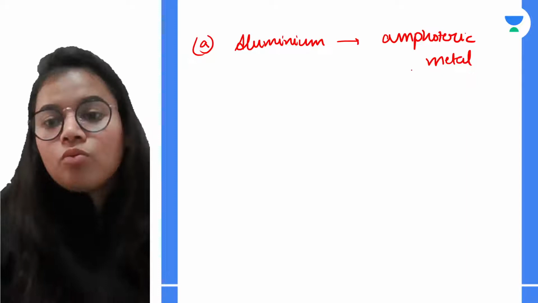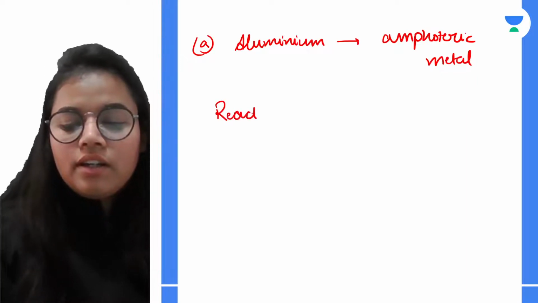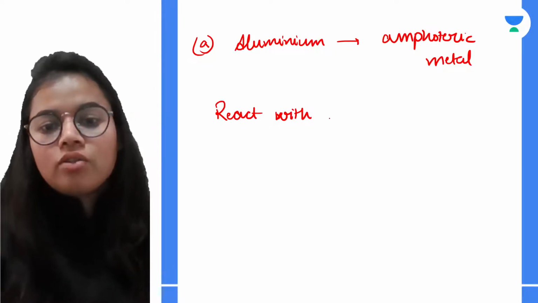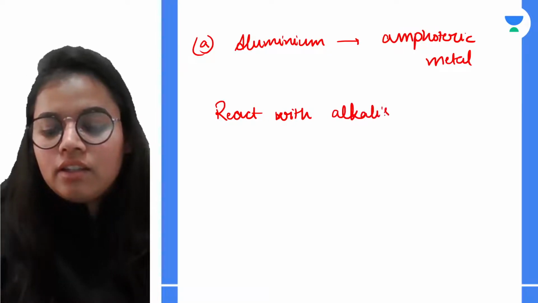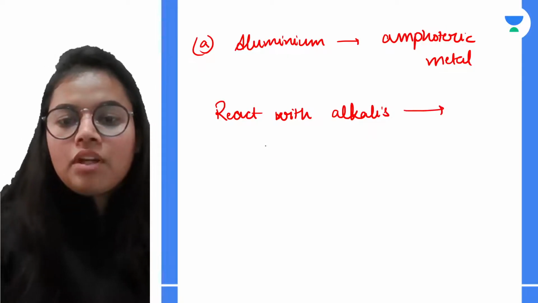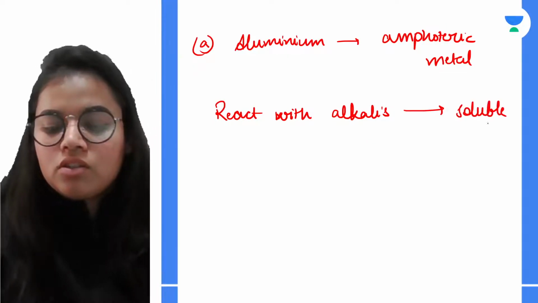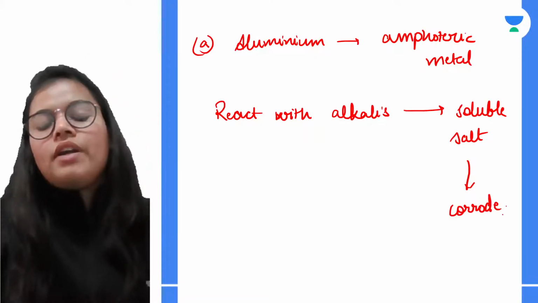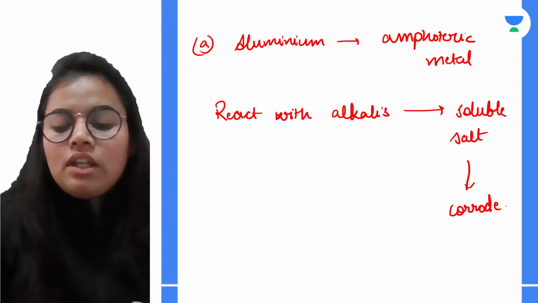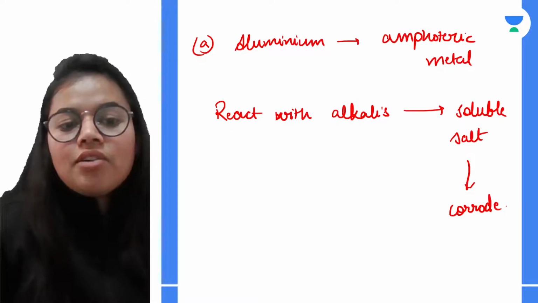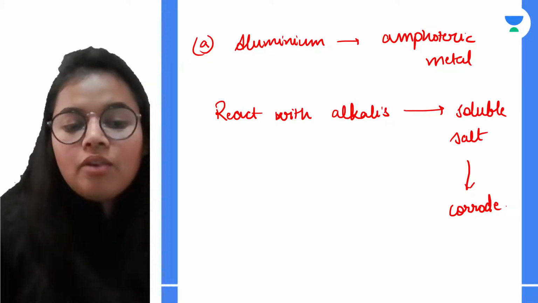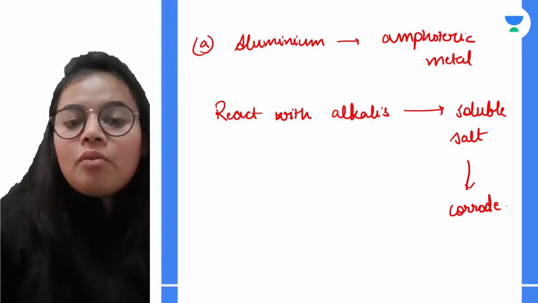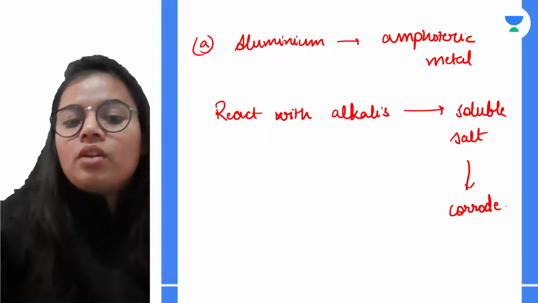That means it would react with the alkali present in that cleaning powder, forming a soluble salt, and it would corrode. So therefore we are not supposed to use cleaning powders which have alkali to clean aluminium vessels, because it would react with the alkali, form a soluble salt and corrode the aluminium.